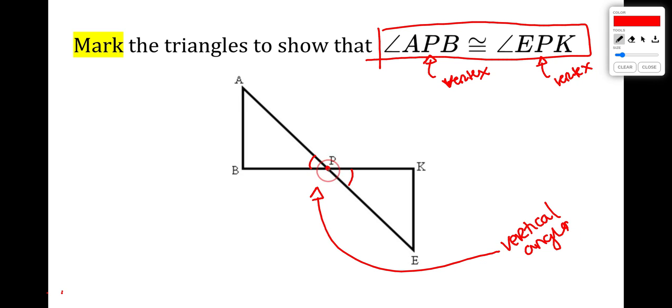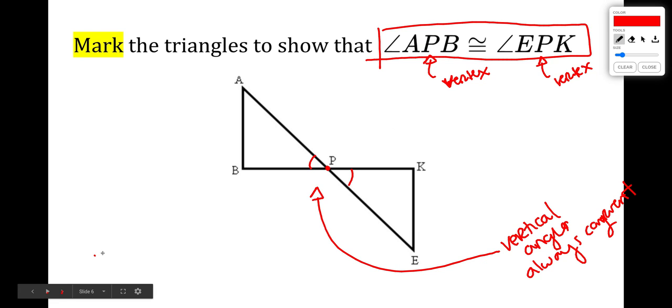They share a vertex. They're not adjacent. They're opposite angles formed by intersecting lines, and vertical angles are always congruent. So I actually didn't even need to tell you this. You would recognize it without even being told. How neat is that?